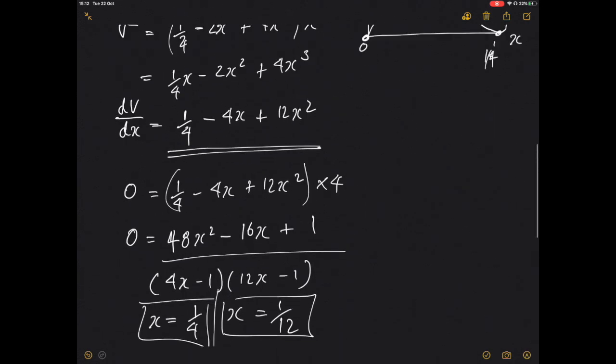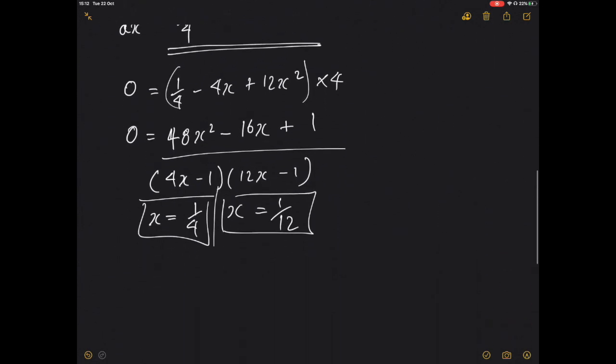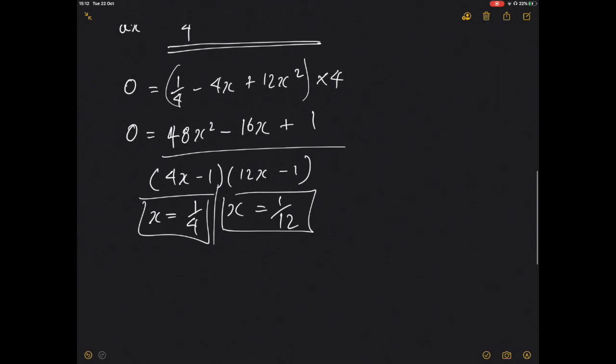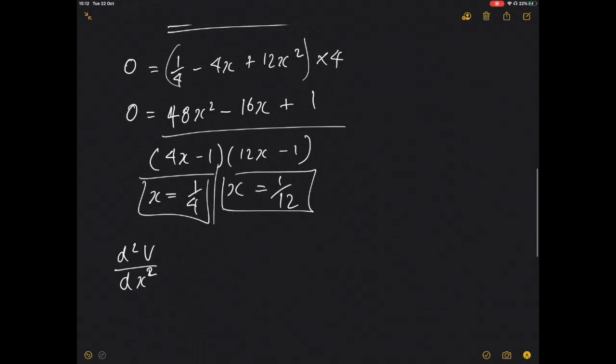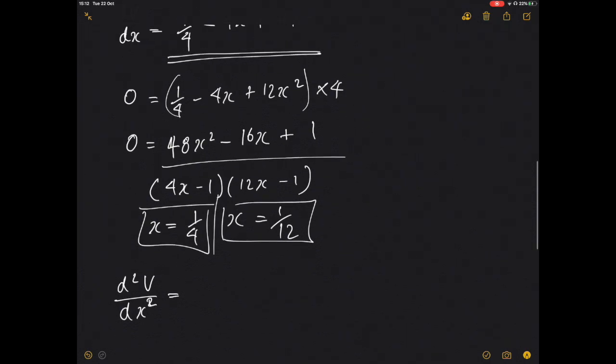We can then also do our turning points where we take the next differential of this, where we say that d squared v over dx squared equals, so we have our 48.